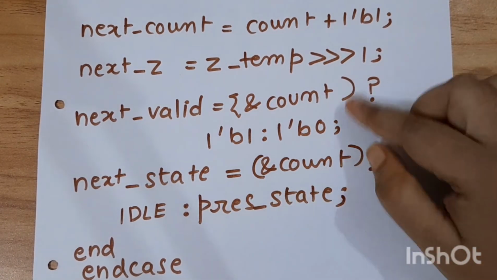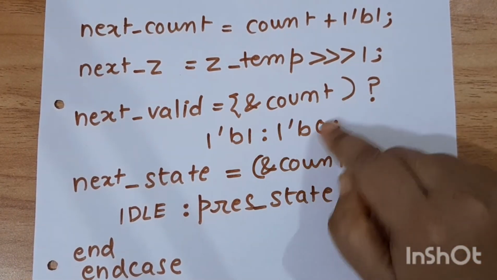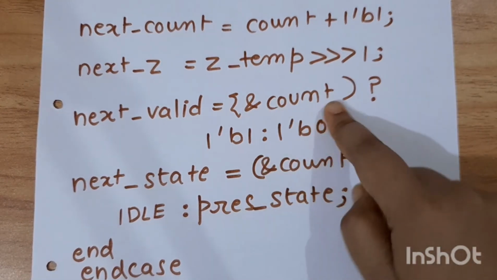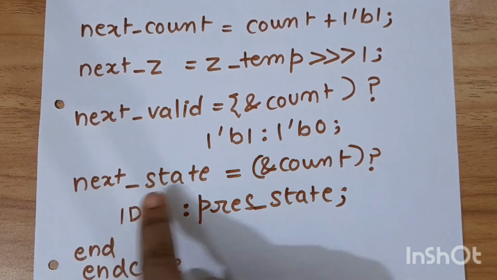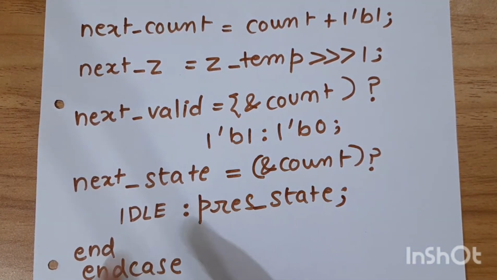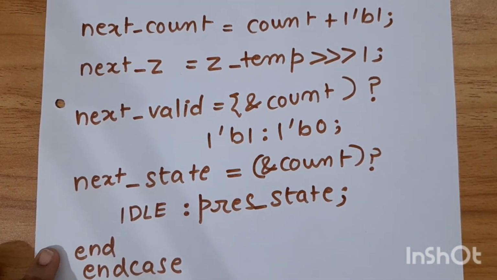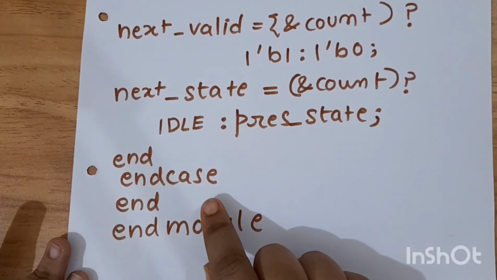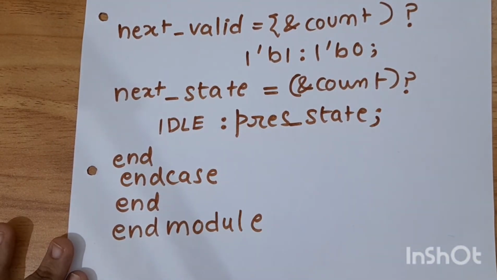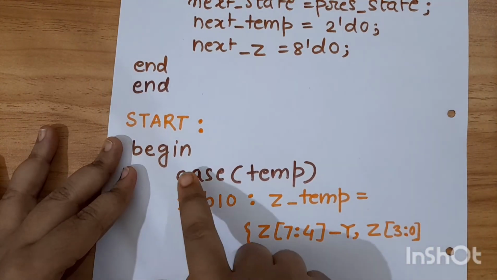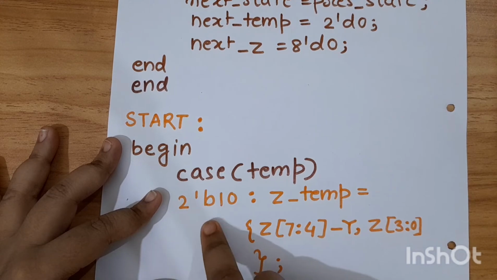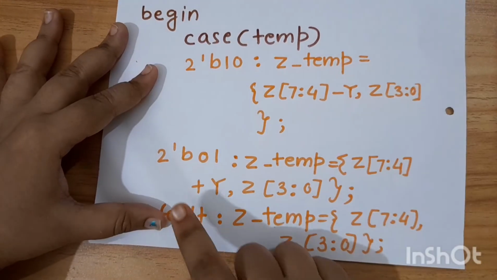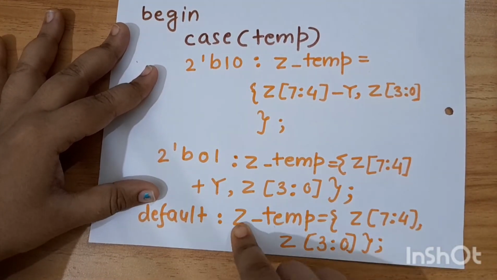So here in both the cases we are checking for AND count. When AND count is 1, next valid would be 1, and the next state here is also idle state. So this is the end of this case, and this is the end case for the case temp, where we are checking for 2'b10 or 2'b01 or default state.